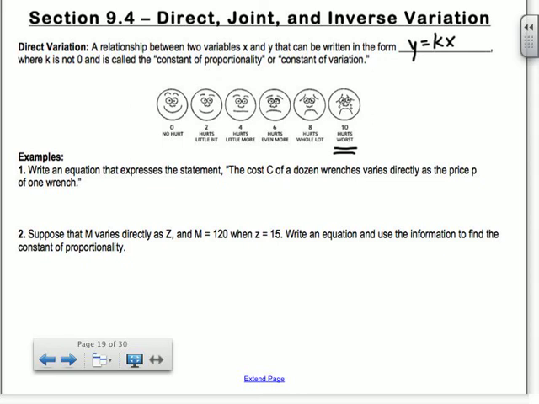All right, so let's do some examples. Write an equation that expresses the statement: the cost C of a dozen wrenches varies directly as the price P of one wrench. These problems are always going to have a K value, a constant. The cost C varies directly, so if one goes up, the other one goes up, as the price P of one wrench.